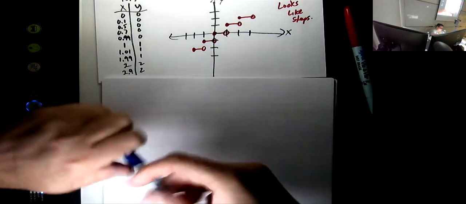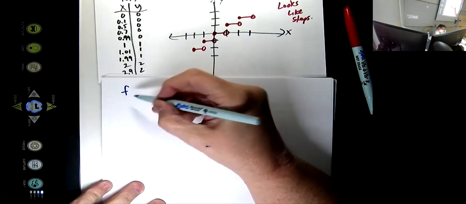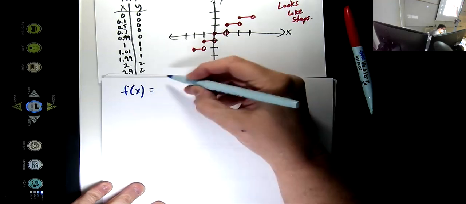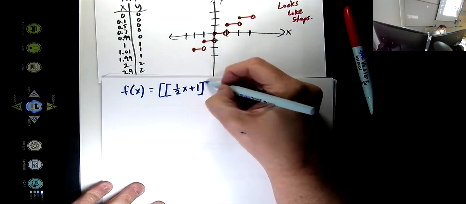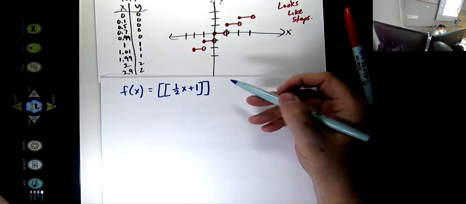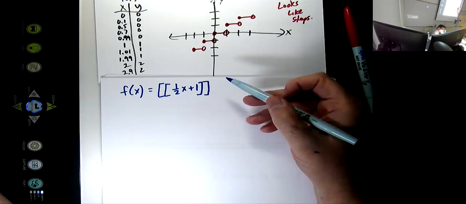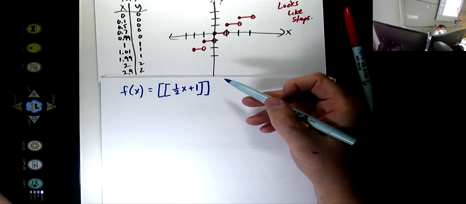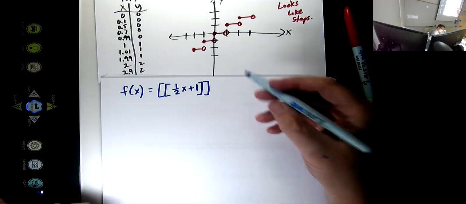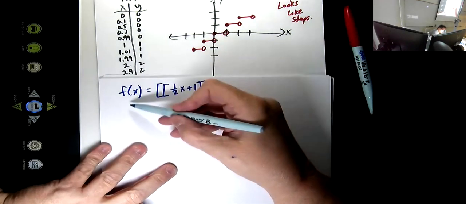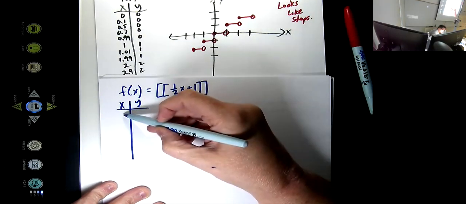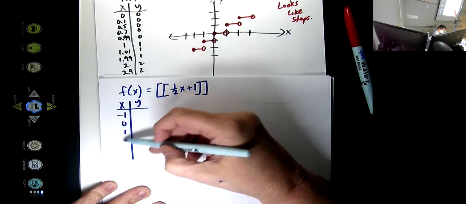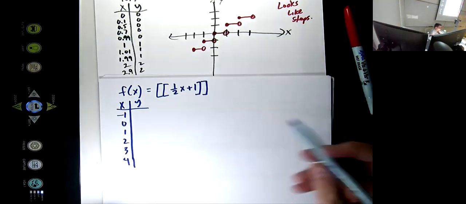So if we have f of x equals 1/2 x plus 1, the easiest way to look at this is look at what the whole numbers do. So let's do -1, 0, 1, 2, 3, 4, and we can fill in the gaps between it.